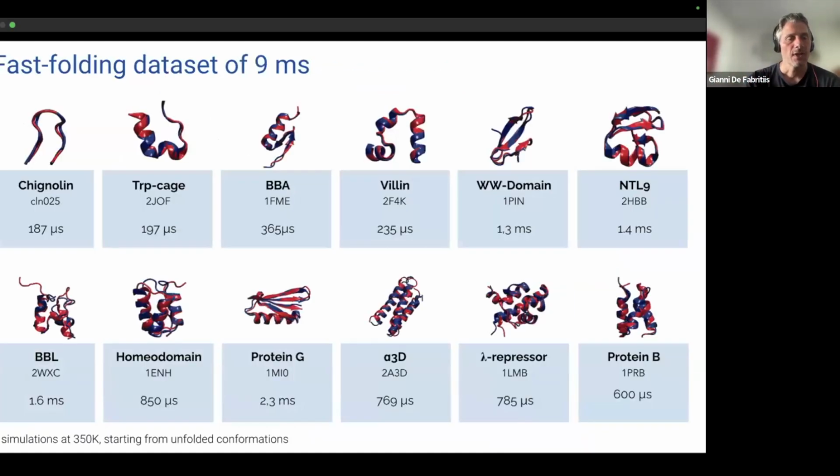And to demonstrate that, we generated data sets of 9 milliseconds of protein folding of small proteins. These small proteins were shown to fold by DE Shaw Research in the past, and we just generated a lot of data for it so that we could train our potential.